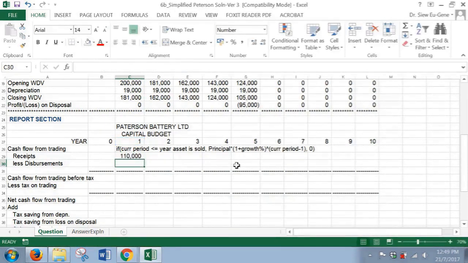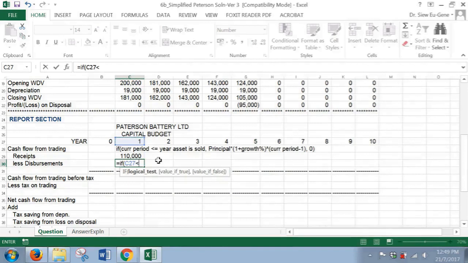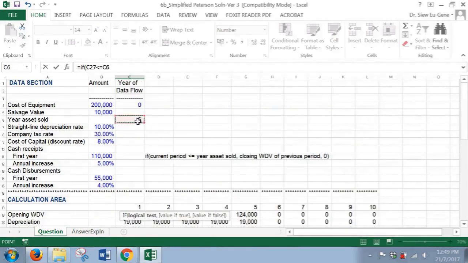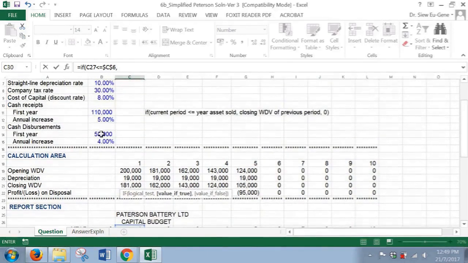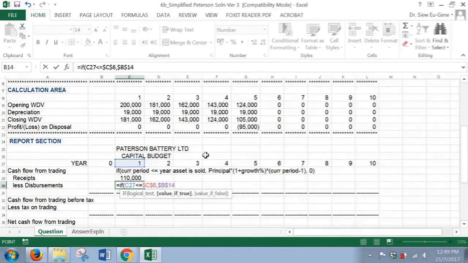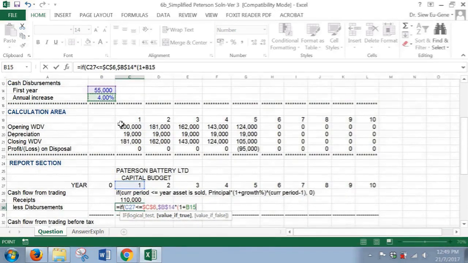Now, we do the same thing for disbursement. Current period again, as long as it's less than year asset is sold, I lock it again. Then we have to spend money to run the machine, to run the equipment. B14 times 1 plus the growth rate, which is 4%, power of current period minus 1.